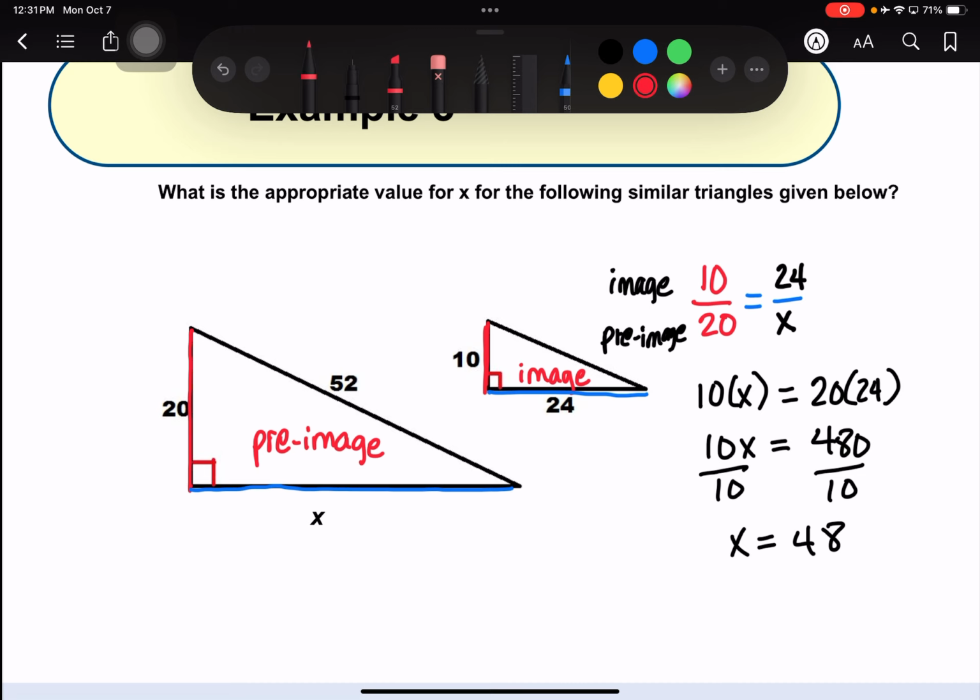So all we did was line up our similar sides from our image divided by our pre-image on similar sides. And we did the cross products, the butterfly method, by multiplying 10 times x and 20 times 24. And we solve for x.